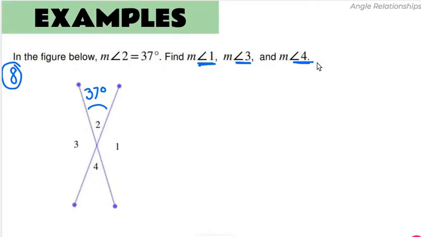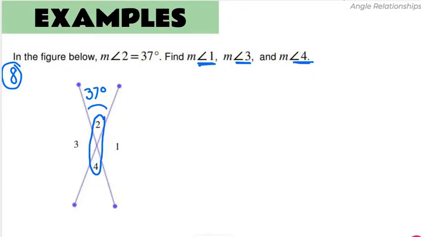And you may be looking at this going, hold on, you only gave me 1. How am I supposed to find the rest? Well, we have a lot of options on how we can find the rest. Using the vocabulary you just learned is going to be huge. All right, vertical angles. Vertical angles tell us that when we have two lines that intersect, opposite angles are equal, right?